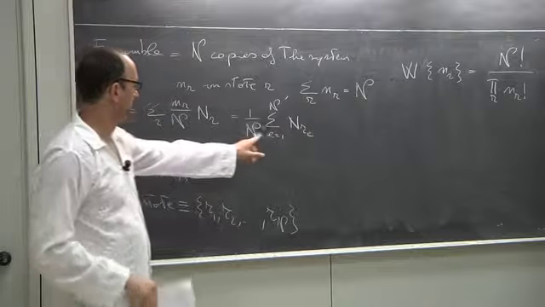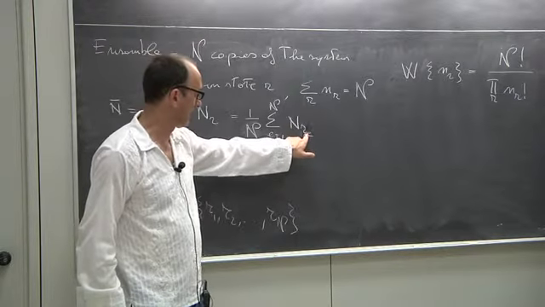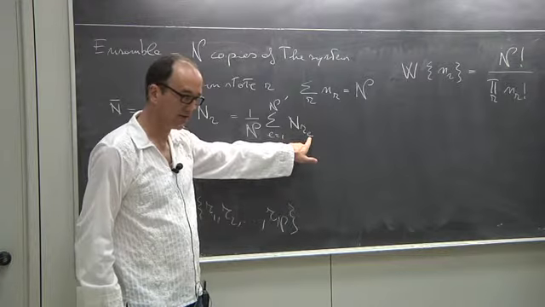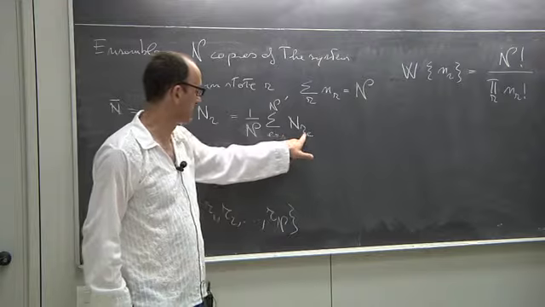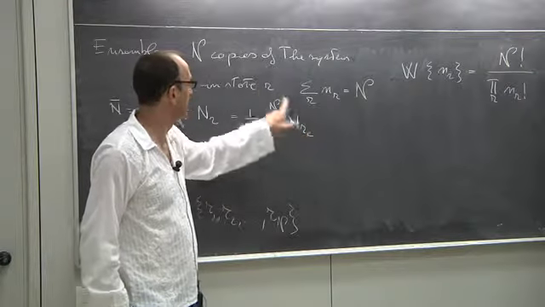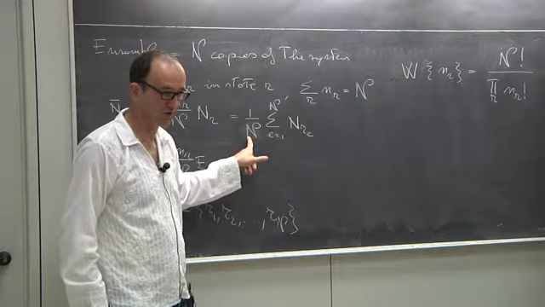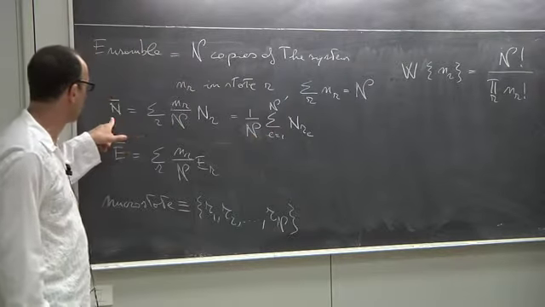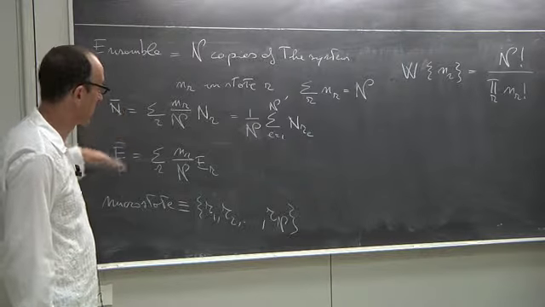So this is the number of particles in state R, and I'm summing over all the systems, all the copies in my ensemble, and taking the average. So this would be the average number of particles in the ensemble.